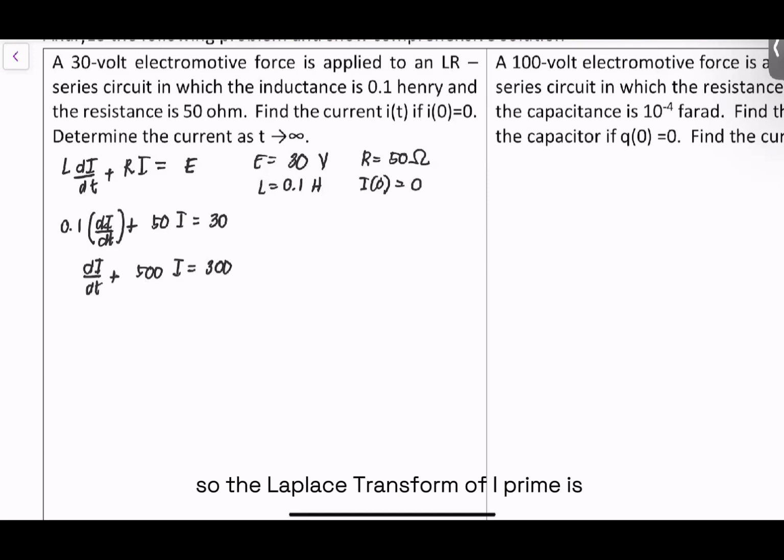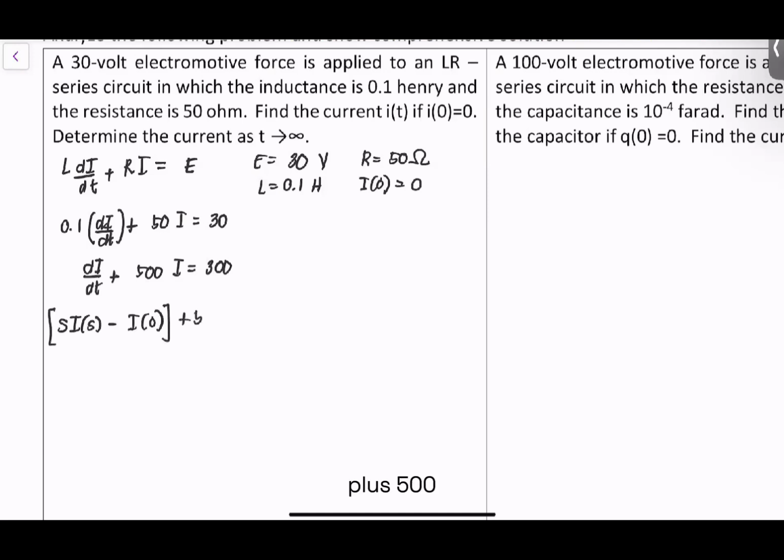So the Laplace transform of I prime is S I of S minus I of 0, plus 500 I of S equal to 300 over S. I of 0 is 0 from this condition.